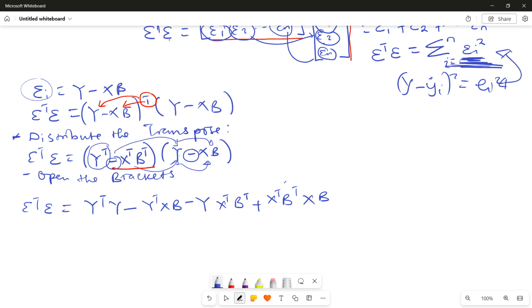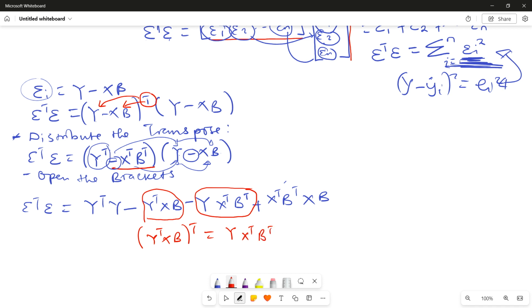Now there's something worth noting here: if you pay attention to this term and also this term, there is some form of similarity. When we get y transpose xb and transpose it, it will give us the other term, y x transpose b transpose.